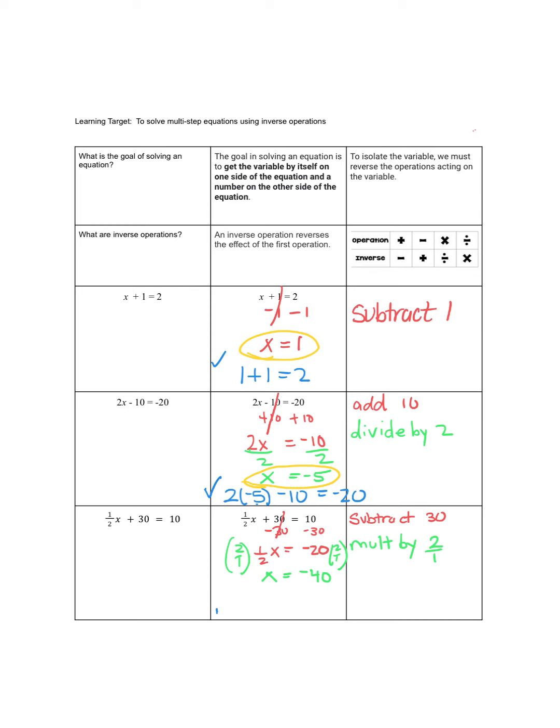I'm then going to check, and I'm going to substitute in negative 40 for x into the original problem. If I take half of negative 40, that would be negative 20. And negative 20 plus 30 does equal 10. And so my answer is negative 40.